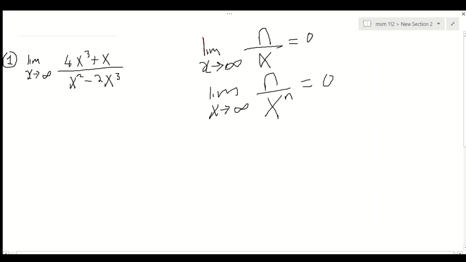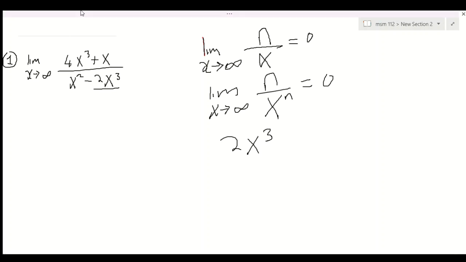So the first step here, we need to check the variable that has the highest power. In this case we've got 2x to the power 3. So we are going to divide this throughout by x to the power 3, like this.